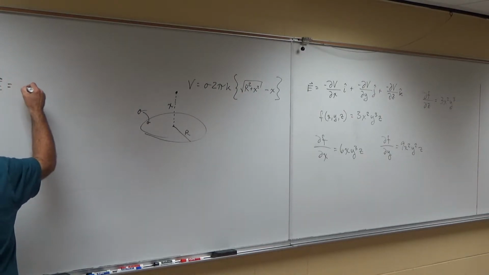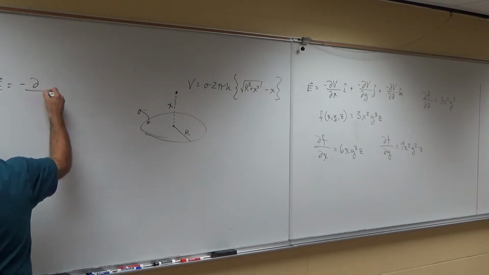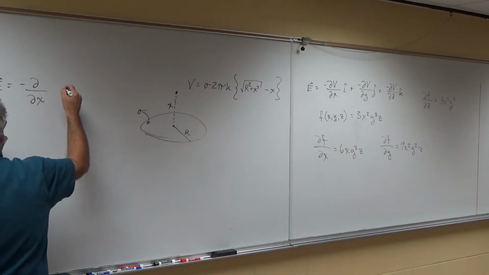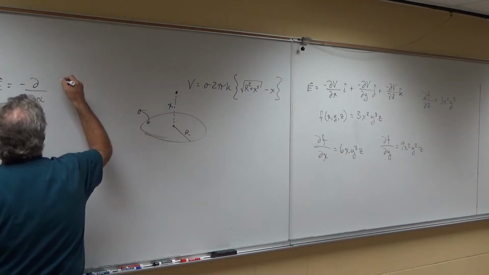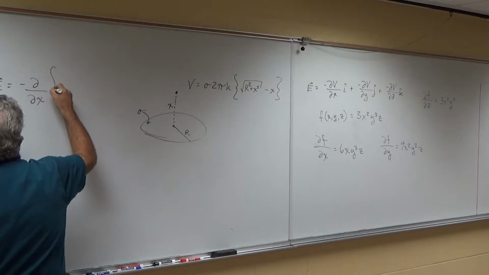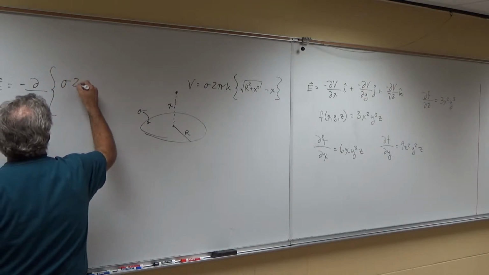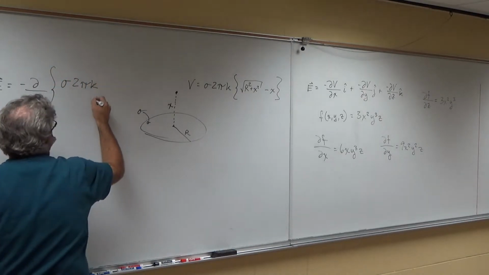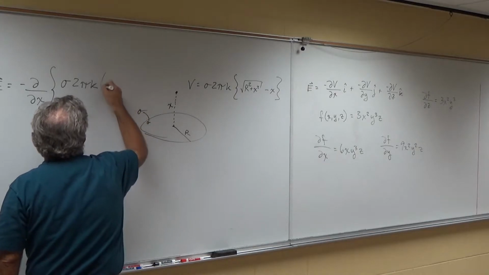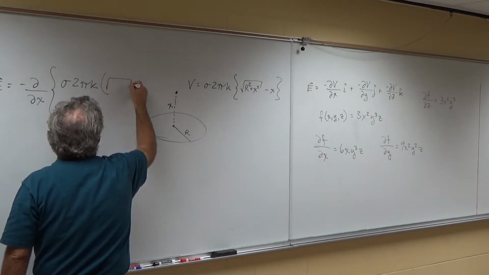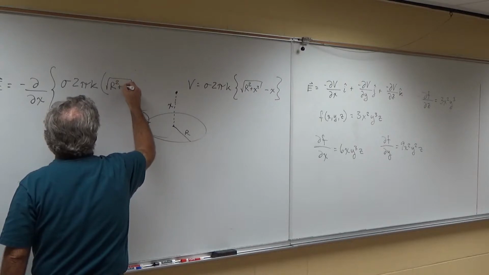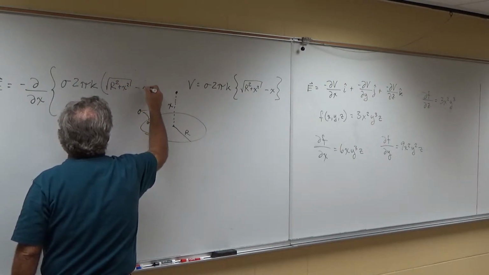E is equal to minus the derivative with respect to x of that expression, sigma 2 pi k, and I'll write it like this, square root of R squared plus x squared minus x.